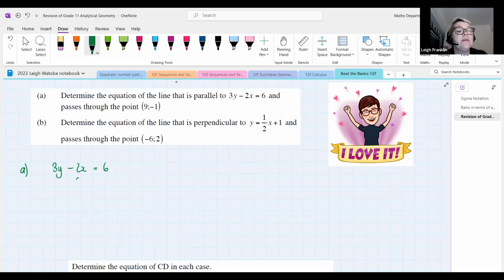Sure. So we would end up with 3y equals 2x plus 6. And then what would I divide through by? By 3. So we'd end up with y equals 2 over 3x plus 2.